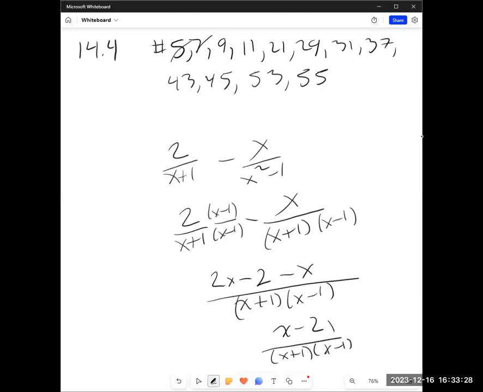See how I left everything in factored form just so I could see that nothing was going to cancel in the end here. Let's go ahead and move on to the next problem.